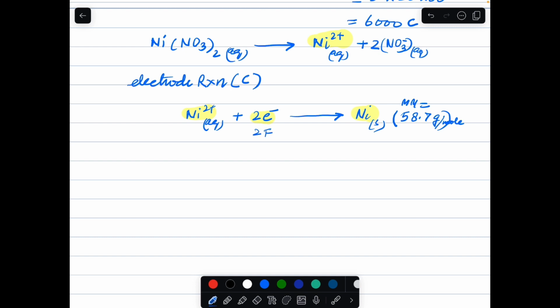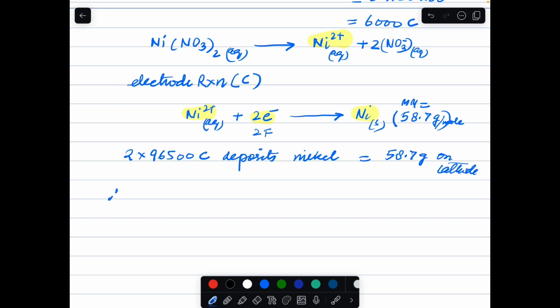So what we will write here, that 2 into 96500 coulombs, that is the value of 1 Faraday, deposit nickel, how much? 58.7 gram on cathode.